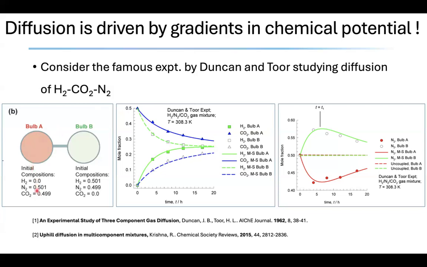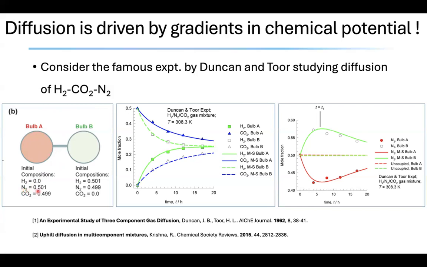What is important to notice here is that the gradient in the mole fraction of hydrogen was positive for bulb A and bulb B. The mole fraction for nitrogen, however, was very small.